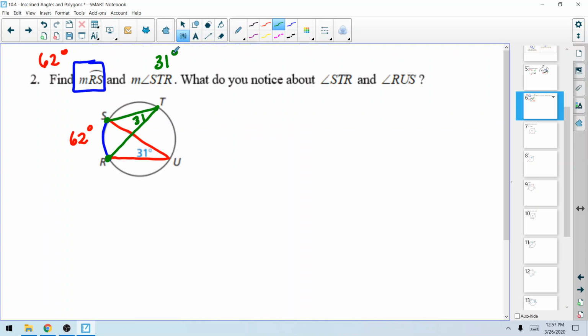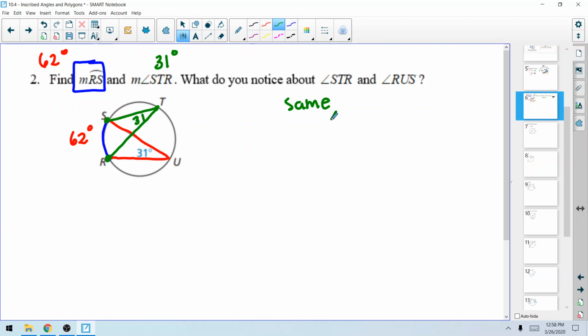Then what do you notice about angle STR and RUS? So STR is the one I have in green, 31 degrees. RUS is the one I have in red, 31 degrees. So I notice that they're the same. And we have a theorem about that, which is, sorry, I need to go look at my notes.